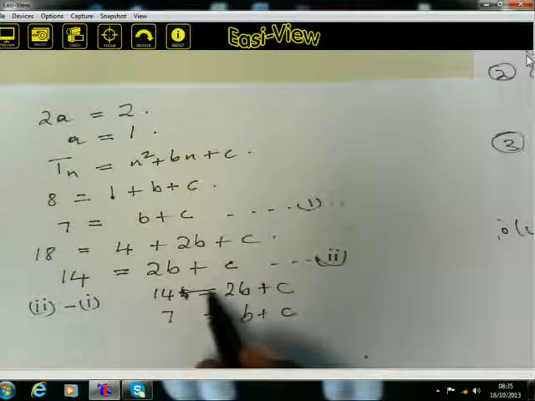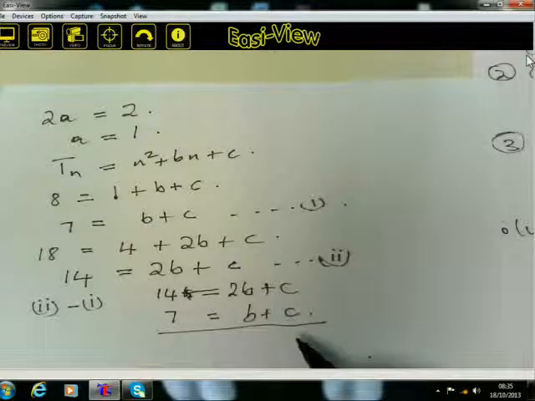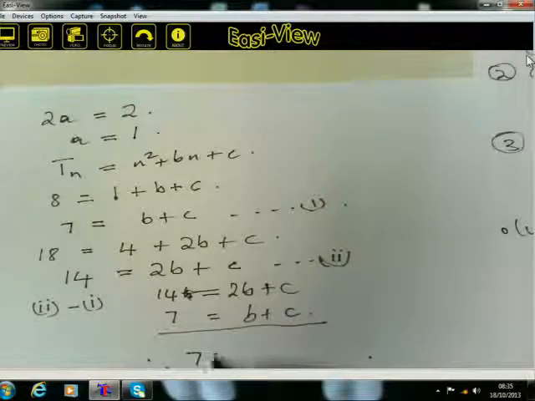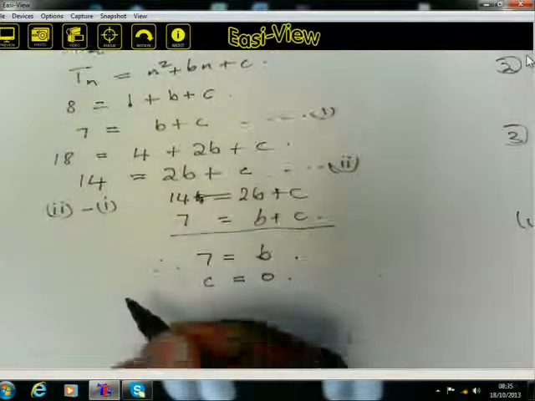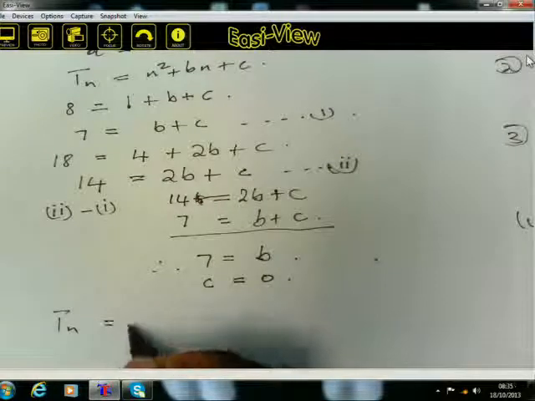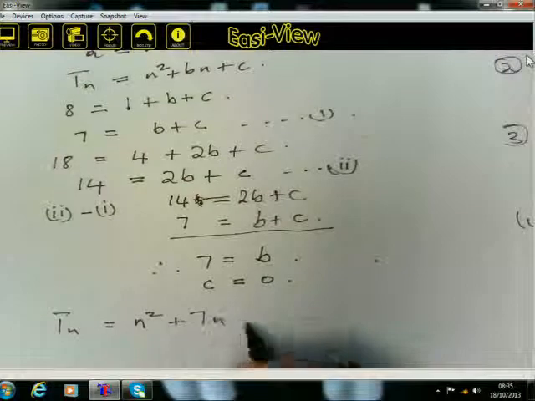It must be the second one subtracting the first one. And the answer there is going to tell us that b is going to be equal to 7. Right? And ultimately c is going to be equal to 0. Therefore, Tn is going to be equal to n squared plus 7n.